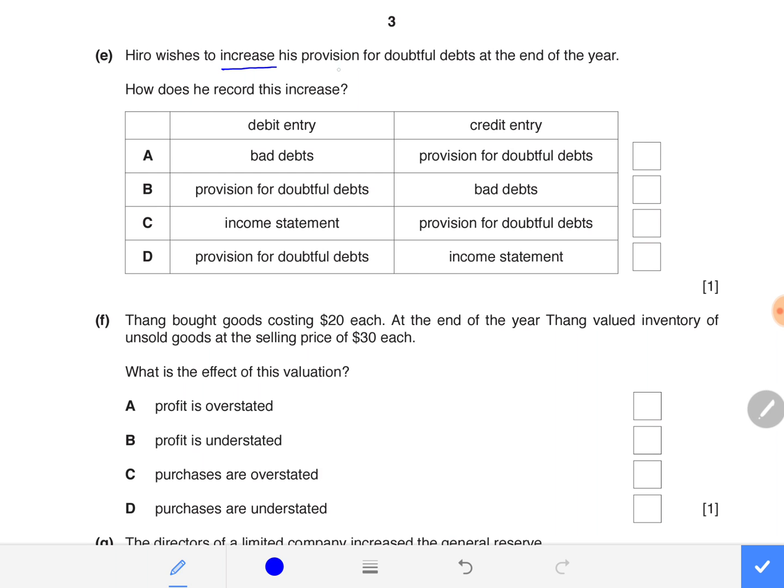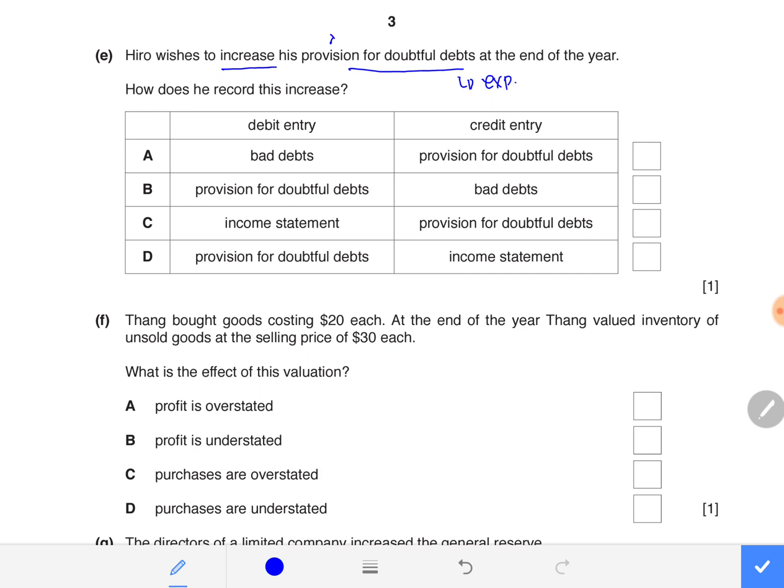Since provision for doubtful debts is an estimation of loss, it will be treated as an expense. So whenever this provision is increased, expense will increase, and provision will also increase by the same amount.